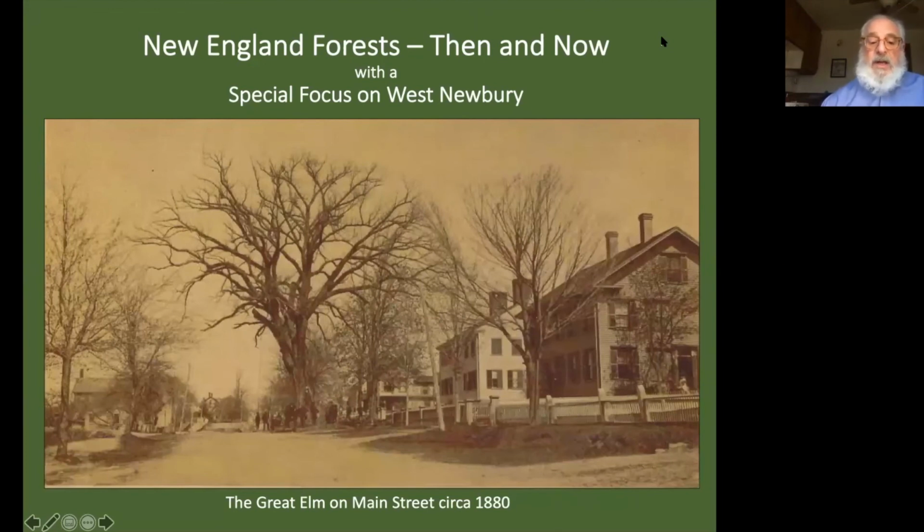But tonight's presentation is to talk about what has happened in West Newbury and in New England as a whole, because our history is difficult to ascertain before 1880 in terms of photographs.